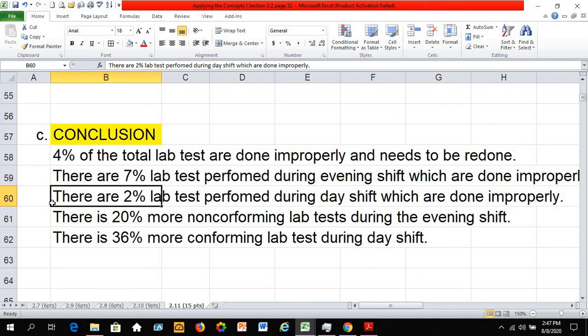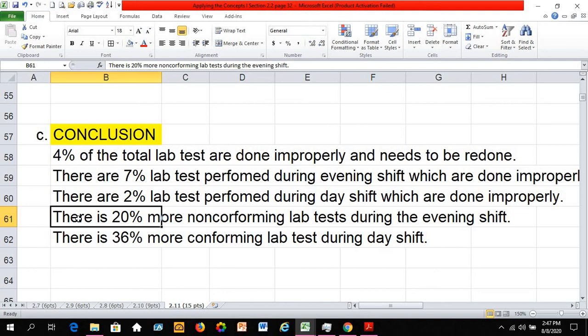Another important conclusion: there are 2% lab tests performed during the day shift which are done improperly. So this is a very minimal percentage of non-conforming lab tests during day shift. There is 20% more non-conforming lab tests during the evening shift.